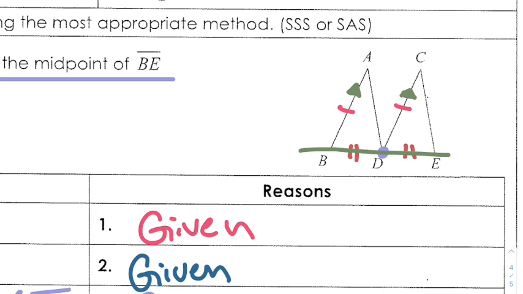So this is a transversal, and these are my two parallel lines. So if we look, angle B and angle D, are they on the same side of the transversal or on opposite sides? They are on the same side of the transversal, okay?